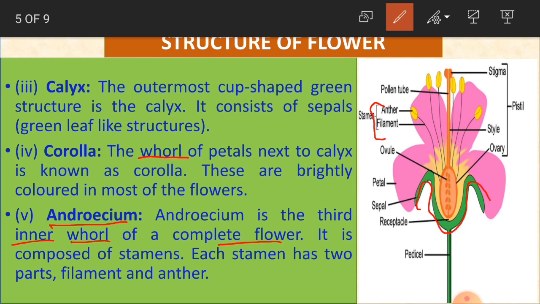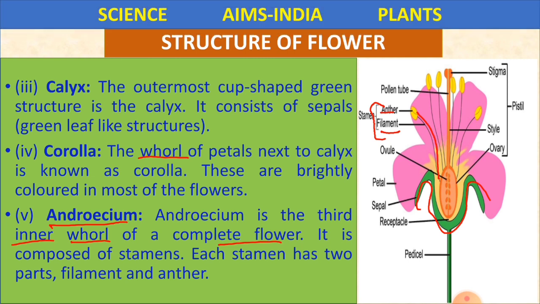Each stamen has two parts. What are they? The filament and the anther. This total part is known as the androecium. It is the third inner whorl of a complete flower. Clear, children? So these are the male parts of the flower.